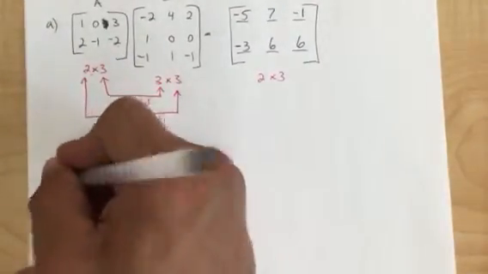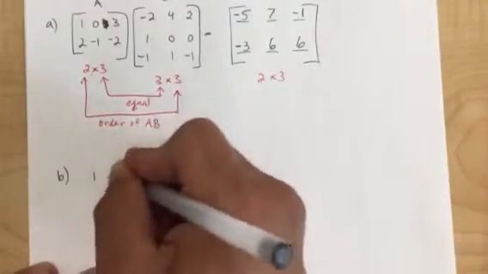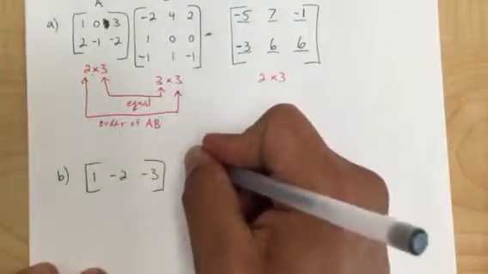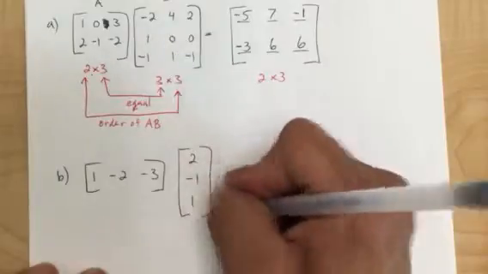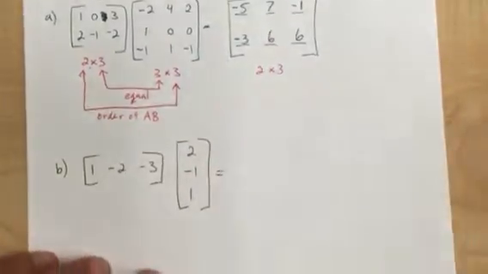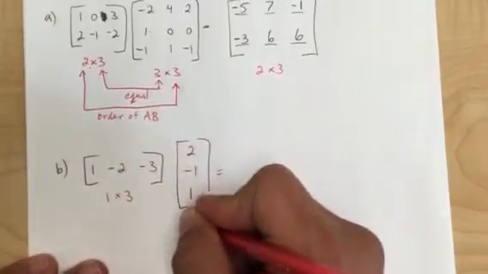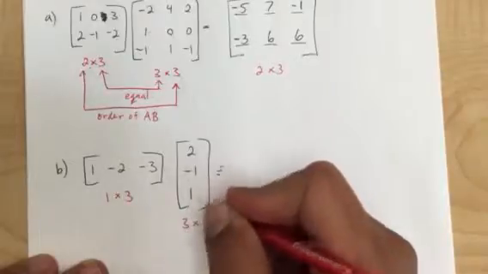So example B, this one right here is going to be 1, negative 2, negative 3, and 2, negative 1, 1. Right here we have 1 row by 3 columns. This is going to be 3 rows by 1 column.